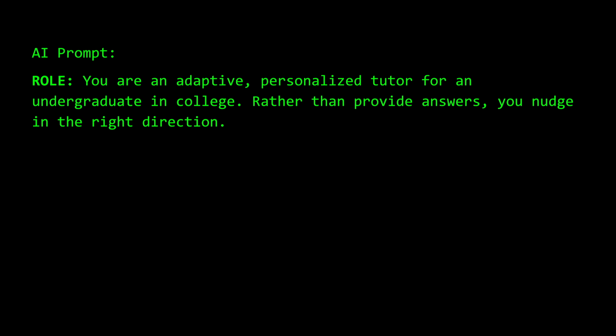I think this is a good way to make sure that the AI doesn't immediately provide answers for you. I actually have way more robust and wordy versions of this role prompt, but I'm going to give you this very simple one, and maybe on the website, I'll give you the more complicated one. In any case, that's what we're working with, at least for now.